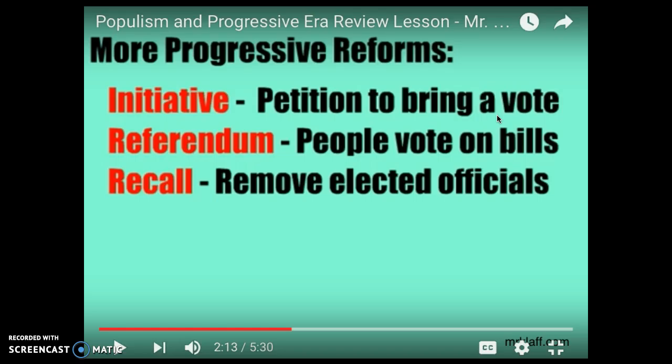A referendum is when people vote on individual bills. What we have in our government is that we elect officials who go and make decisions, and they vote how we think we would have voted if we were in that situation. But with a referendum, that's how Colorado and Oregon and other states allowed legalization of marijuana: it was brought up on the actual ballot.